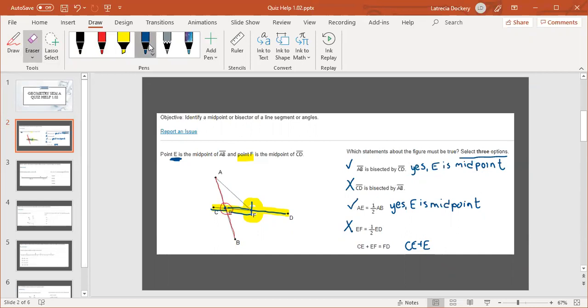Oh, there we go. Good job. All right, look at it. Here's C, here's F. So CE plus EF equals CF. And we know that CF equals DF. So yes, this one is true.